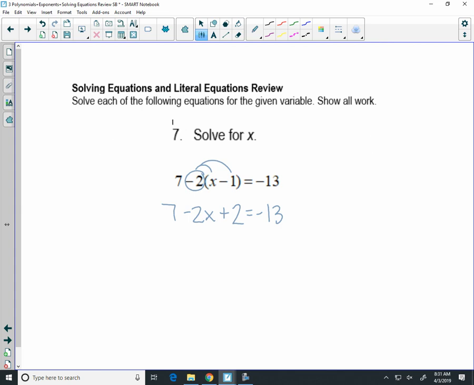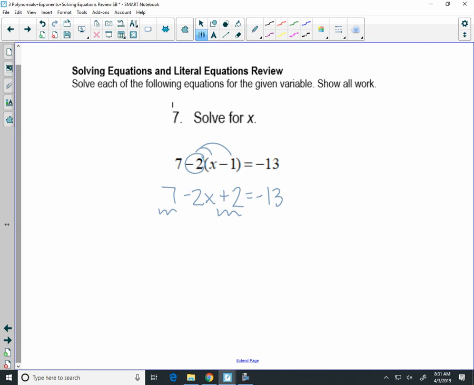You need to combine like terms before you move across the equal sign. So I'm going to do 7 plus 2 first. Don't do the opposite operation when you're on the same side of the equal sign. 7 plus 2 is 9. So negative 2x plus 9 equals negative 13.